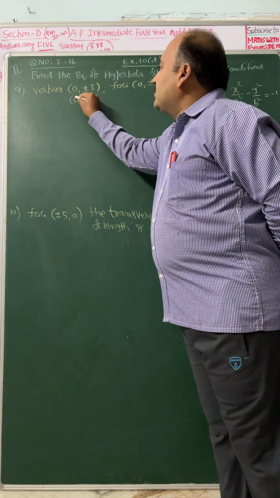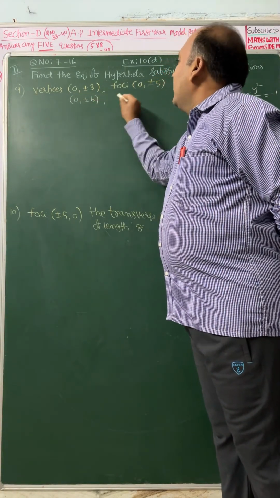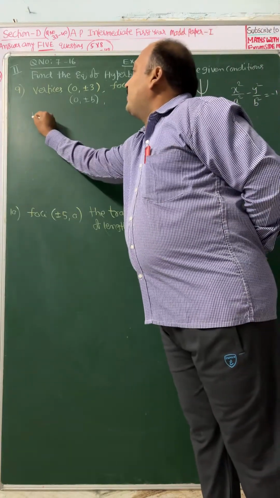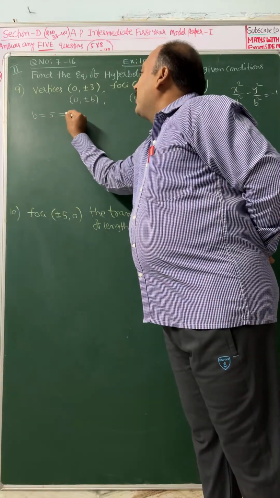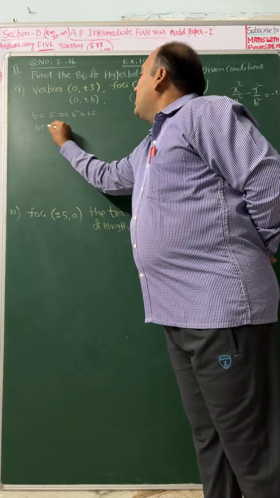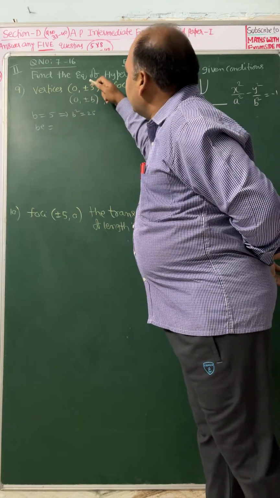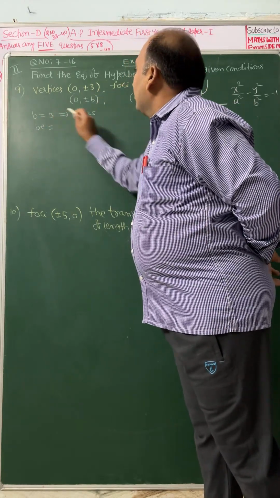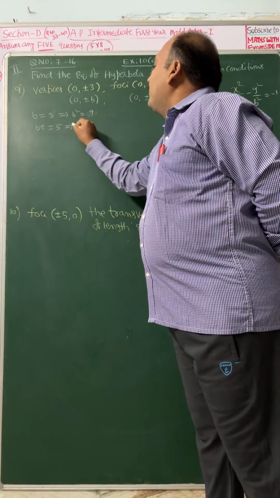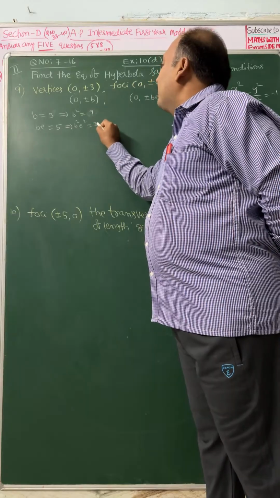So compare with this 0, comma plus or minus b. So from this b is equal to 3, that implies b square is 9, be is equal to 5, that means b square e square equal to 25.